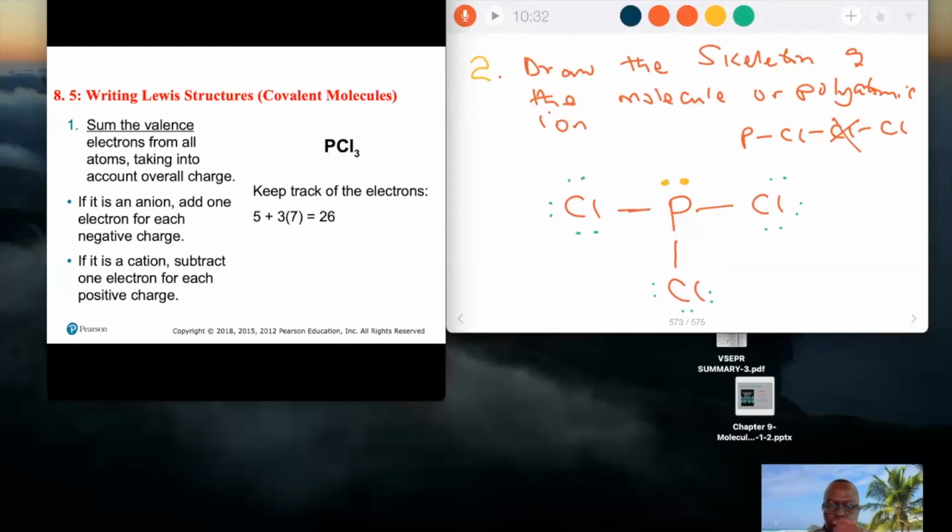If you look at the total number of electrons in the molecule or polyatomic ion, it should add up. So 1, 2, 3, 4, 5, 6, 7, 8, 11, 12, 13. So I have the 26 electrons I started off with.